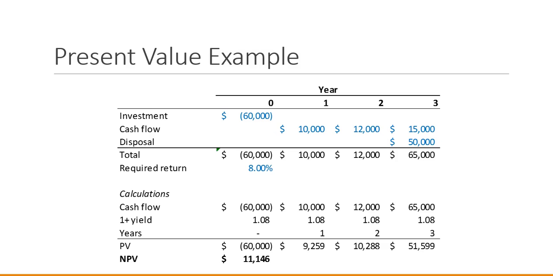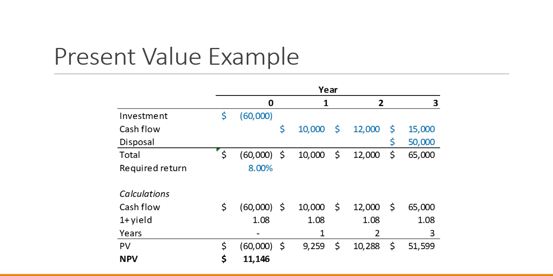So looking at the calculations at the bottom of the slide, notice time 0, the investment today, has the same present value as it does in the undiscounted calculation because there's no time. That's happening today. As we move out into the future, our total cash flows for years 1, 2, and 3 have a present value amount that is less than their stated amount in the table at the top of the slide because of the discounting factor, because we're using the present value calculation to reduce the value of those dollar amounts.